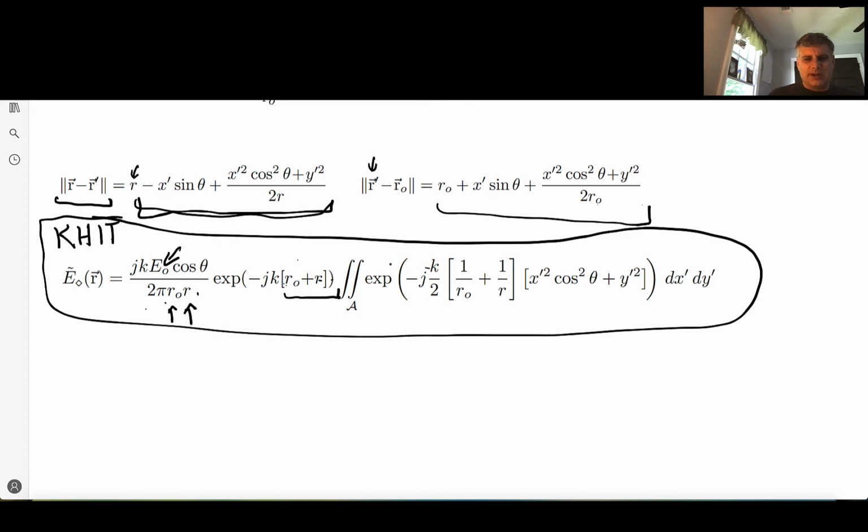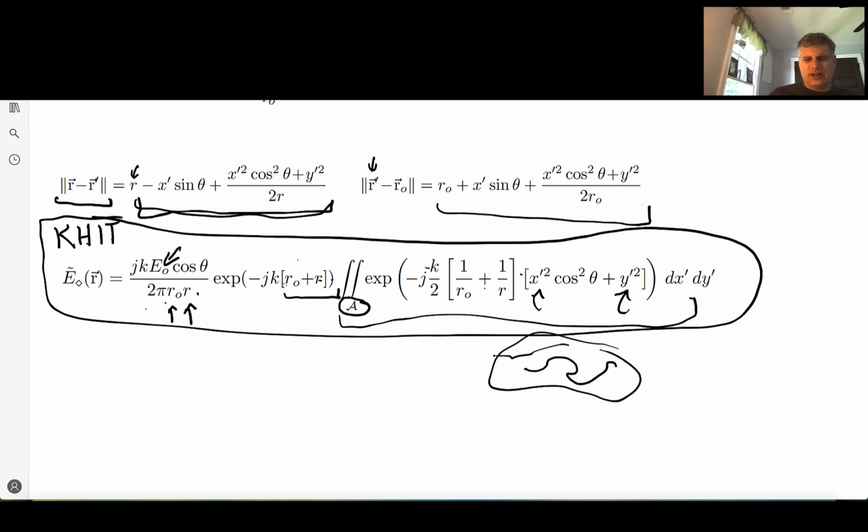There's going to be an adjustment in the amplitude and phase made by this integral, which you integrate over the entire aperture A, adding in these phase factors and the Fresnel adjustments as the variable of integration slides around whatever aperture you're integrating over. And this way you can figure out what happens when a point source illuminates an aperture, which then re-radiates to some other point on the other side.